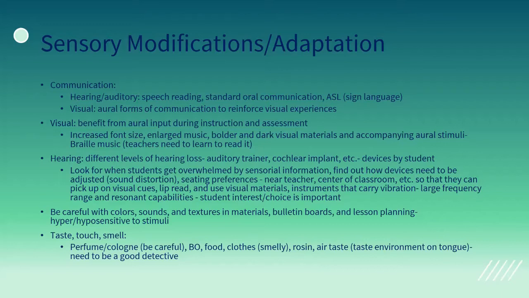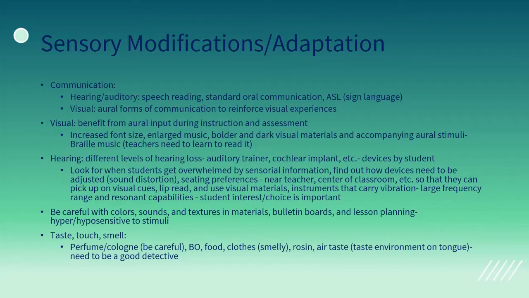These students need to have seating preferences, whether it be near the teacher or center of the room, etc. This allows them to pick up on visual cues, lip read, and use visual materials. They also need to be using instruments that carry vibration, that have large frequency ranges and resonant capabilities.